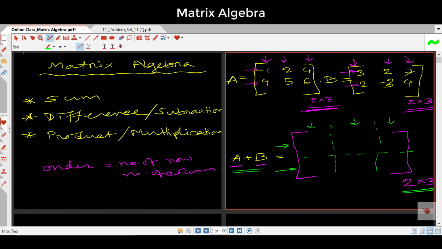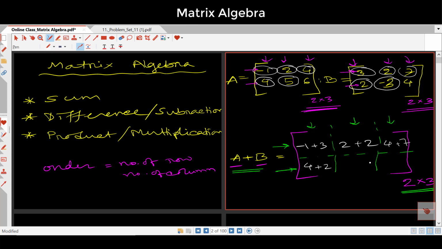So now let us add. -1 plus 3, 2 plus 2, 4 plus 7. 4 plus 2. 5 plus minus 3, that is 5 minus 3. 6 plus 4. Have a look.